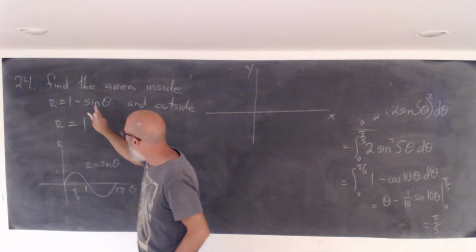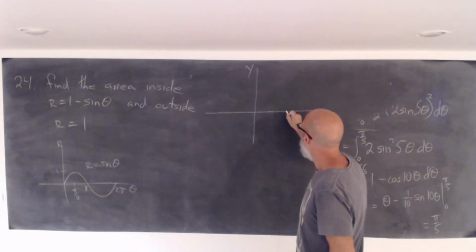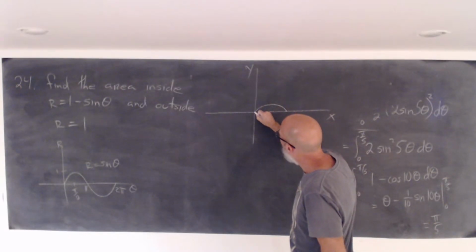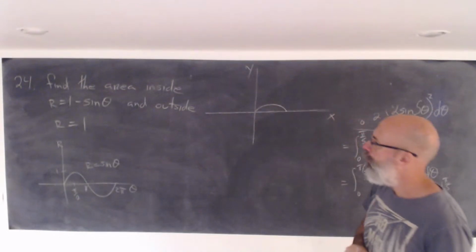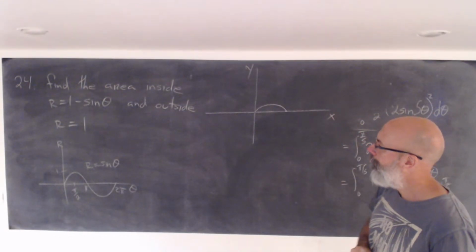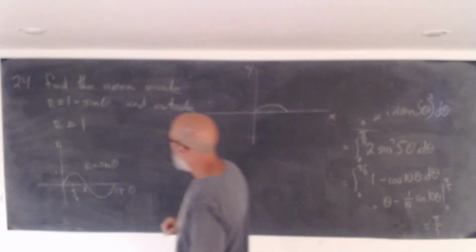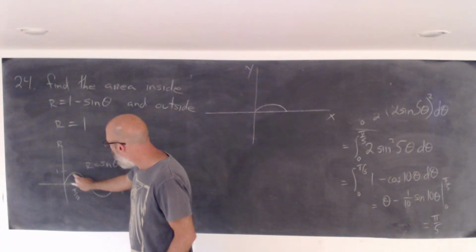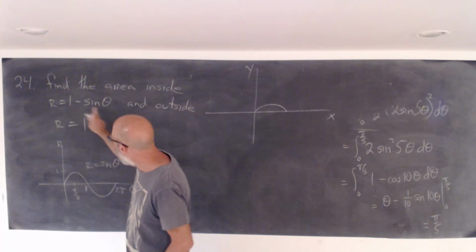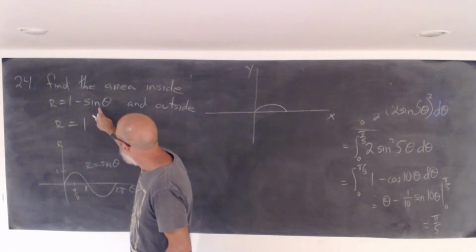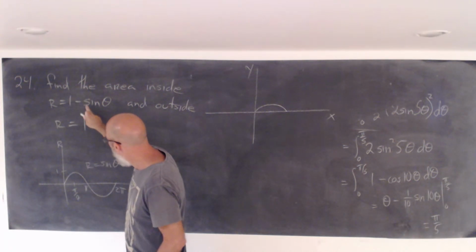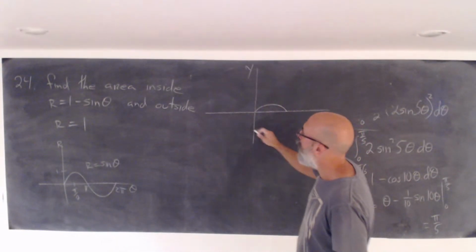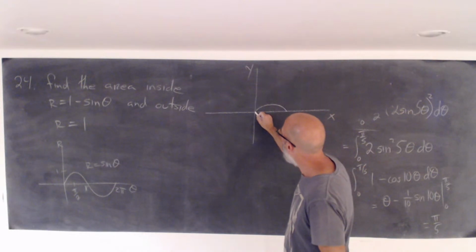So this starts at 1 and goes all the way to 0 at pi over 2. And then this goes from 1 to 0 at pi, so this goes from 0 back to 1 at pi.